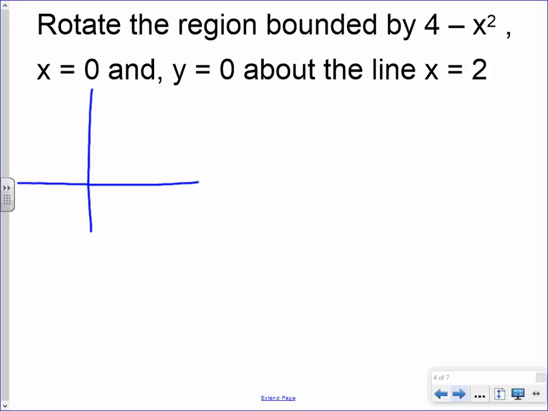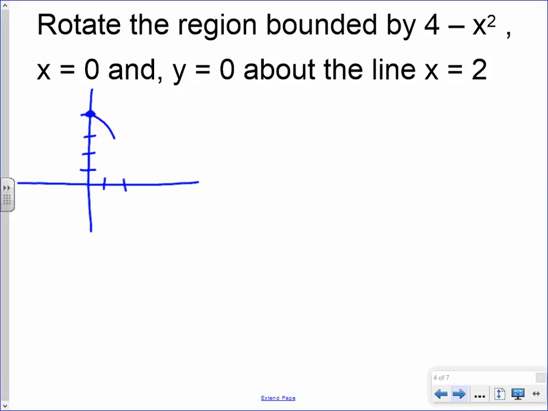All right, 4 minus x squared, what does that look like? Okay, so negative x squared means up 4, and then it opens down. Where is it going to intersect the x-axis at? 2.